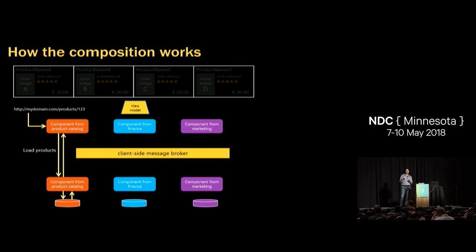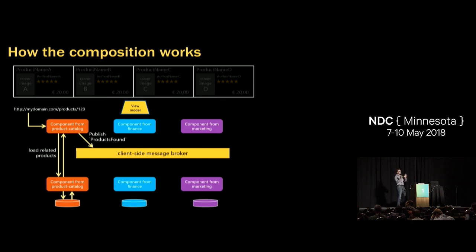All it's saying is, I've loaded up the product data that I know about, and this is where things get a little bit interesting, because we're going to use a kind of client-side message broker. This is also known as the event aggregator pattern, if you're familiar with that term.